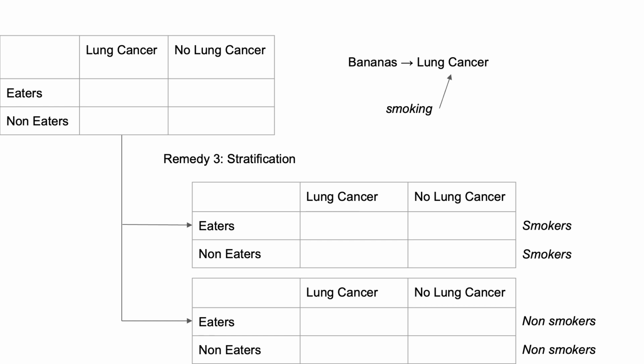And what we can do is get the effect estimate or the odds ratio for the smokers, denoted by phi s, and phi ns for non-smokers, and then we can re-weight it back for our entire population using the Mantel-Haenszel technique. That's what is represented by the phi mh. So stratification and the Mantel-Haenszel technique is also one of the remedies for confounding.